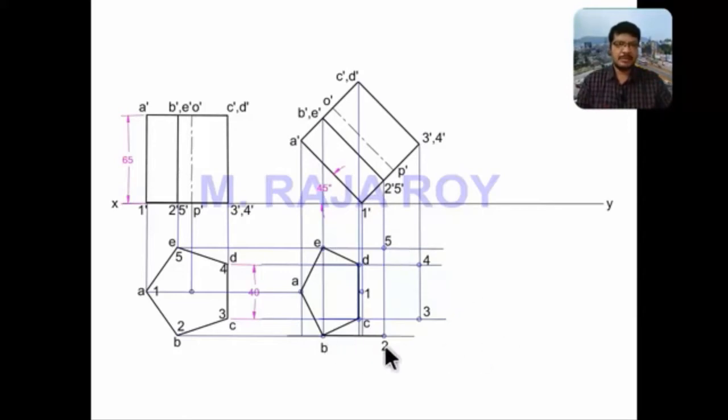Now observe, B2 is visible, 2, 3 visible, 3, 4 visible, 4, 5 visible, 5, 6 visible. This outer boundary is visible. C3 visible, D4 visible. These two are visible. Now lines connected to this 1, 1, 2, 1, 5 and 1A are invisible. Then project the axis O and P. So this is the top view.